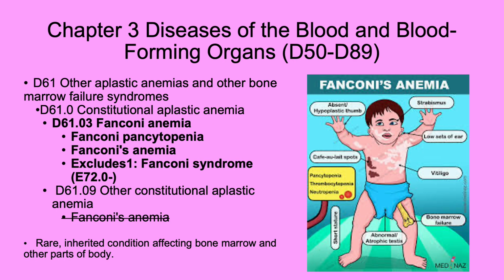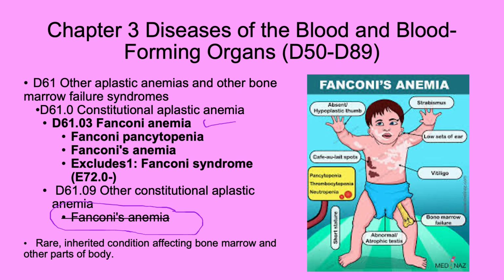So Chapter 3, Fanconi anemia, was an inclusion term under D61.09, so you can see it right here. So now, for 2025, it has a code of its own, D61.03, Fanconi anemia. So what is that?